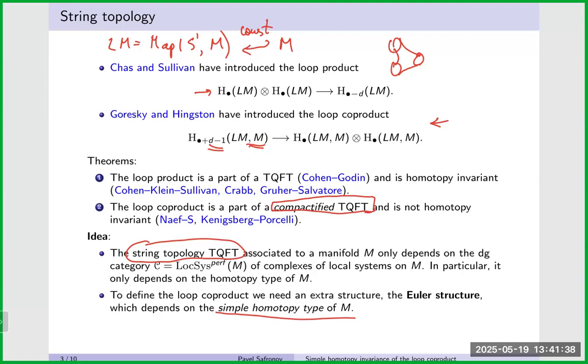Precisely which aspect of the smooth structure, it wasn't clear. As I said before, a few years ago, there wasn't a single example of a string topology operation that was known to be not homotopy-invariant. Okay, any other questions?